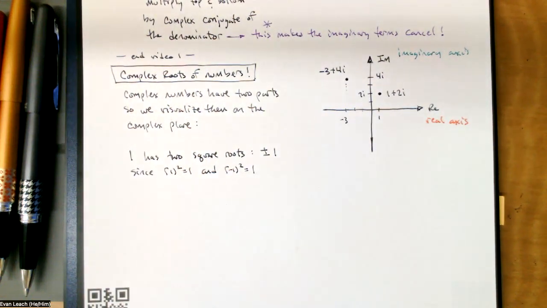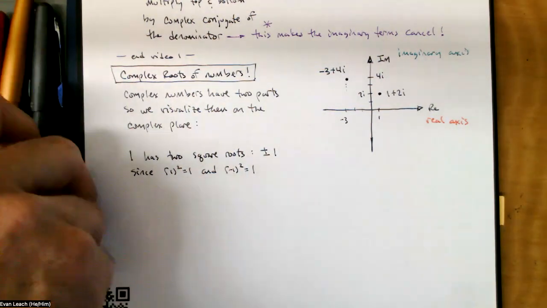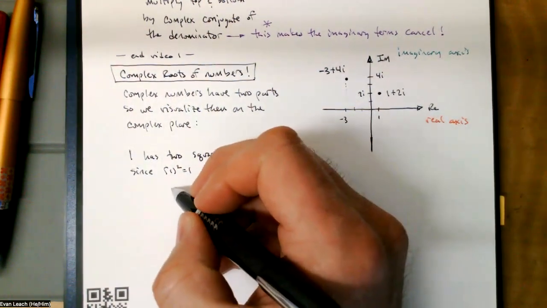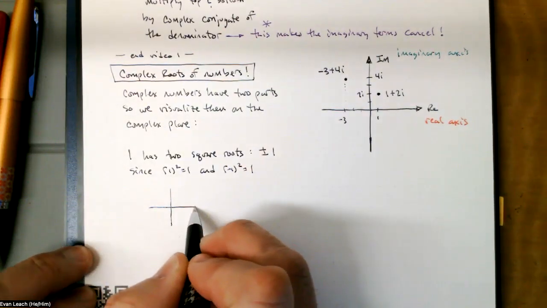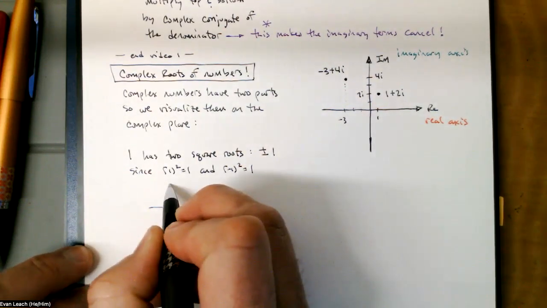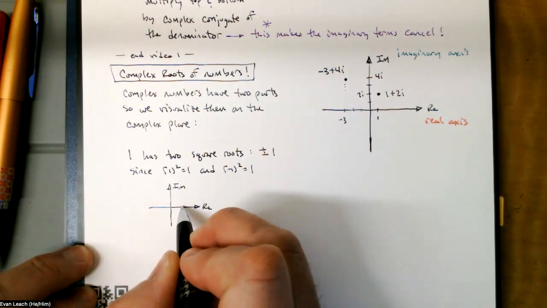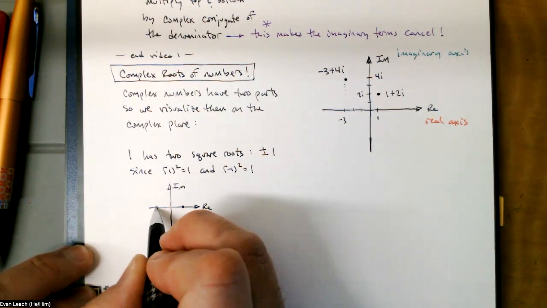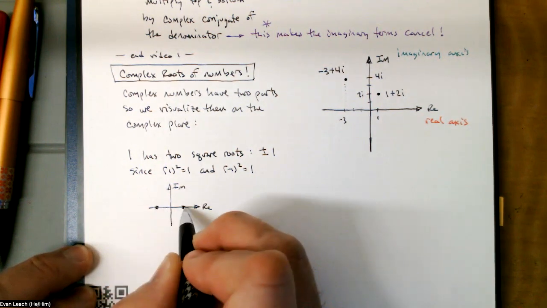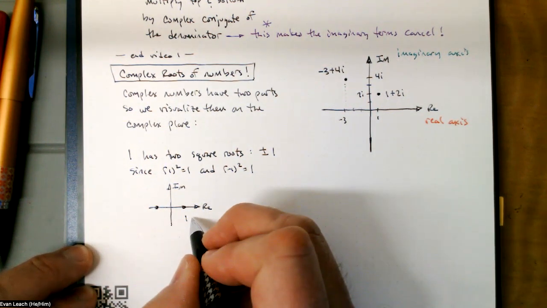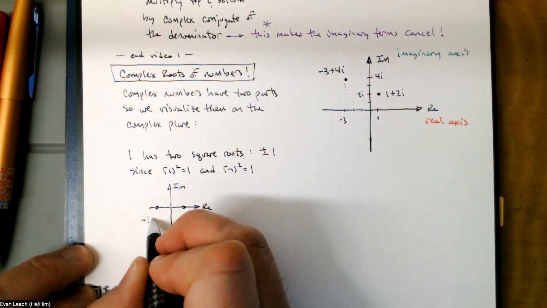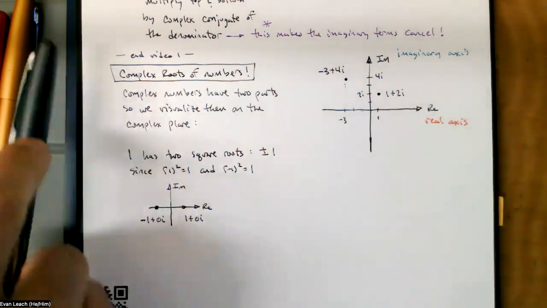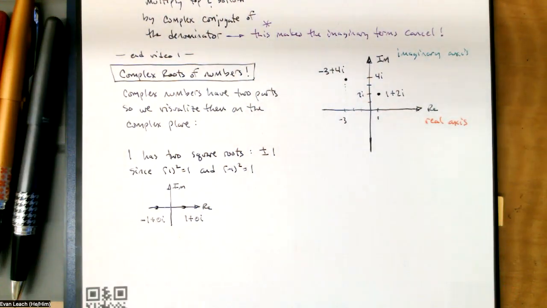If I was to plot this on the complex plane, here's 1 and -1. All real numbers are also complex numbers, so I could write this as 1 plus 0i, and this one I can write as -1 plus 0i. So the real number 1 has two square roots.